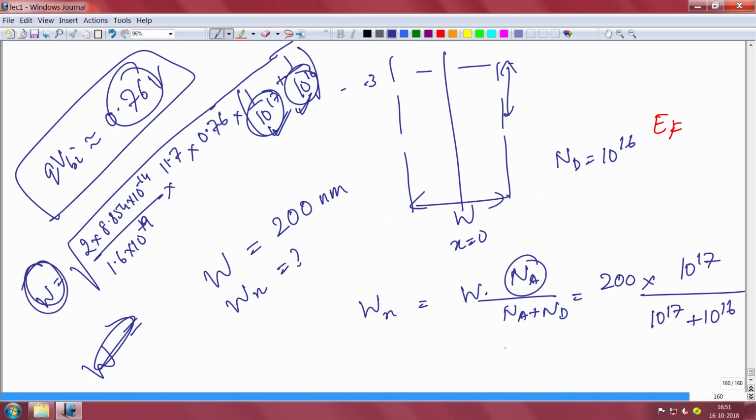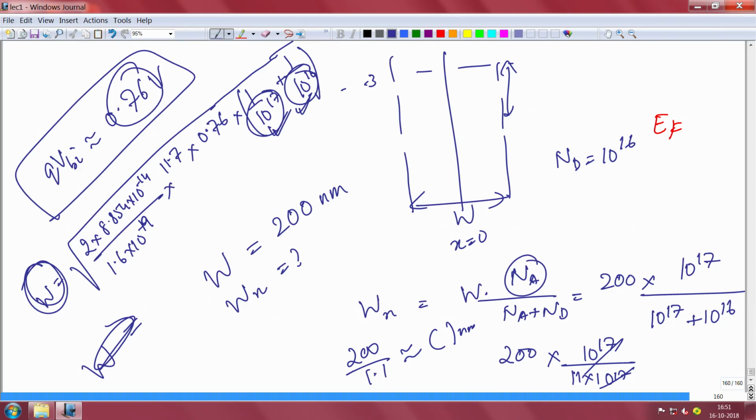So this will be 200 into 10 to the power 17 by 1.1 into 10 to the power 17. So this will be 200 by 1.1, whatever that value is, in nanometer, depletion on the n side. I told you if the p type is 10 times higher doping, then the depletion on the n side will be 10 times higher. That's what it basically means.